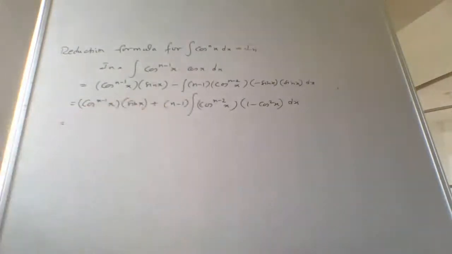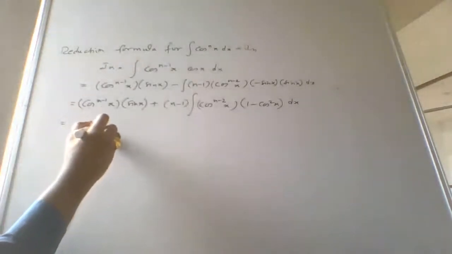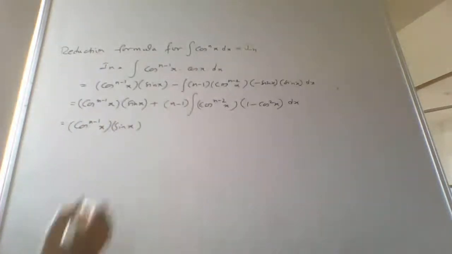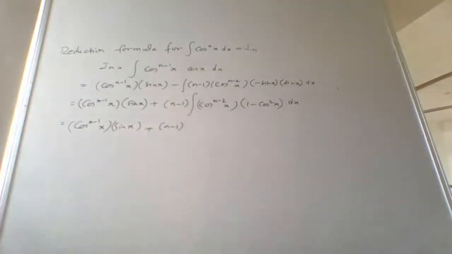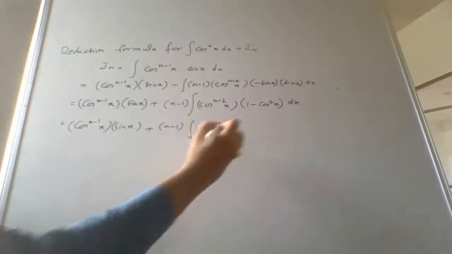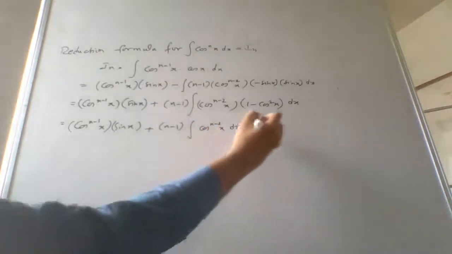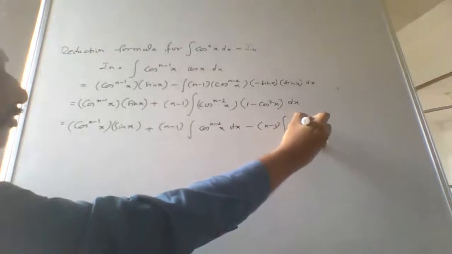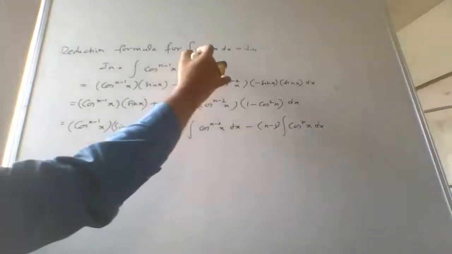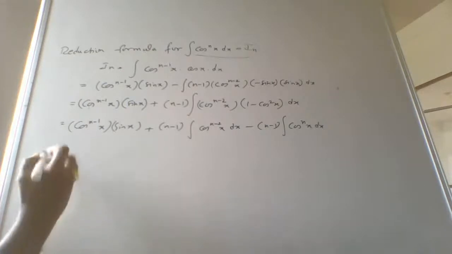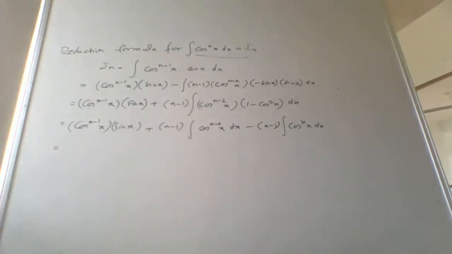Let us try to simplify this further. I get cos to the power of n minus 1 x into sin x, plus n minus 1 times the integral of cos to the power of n minus 2 x dx, minus n minus 1 times the integral of cos to the power of n x dx. We have taken I n as the integral of cos to the power of n x dx, so this would be I n minus 2.